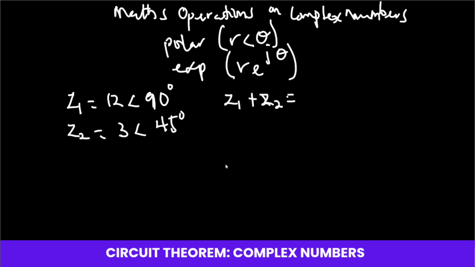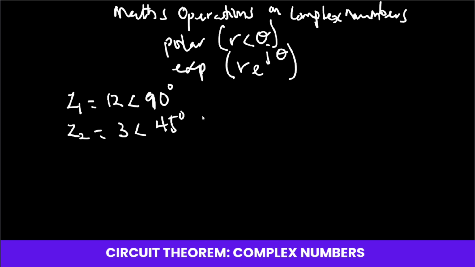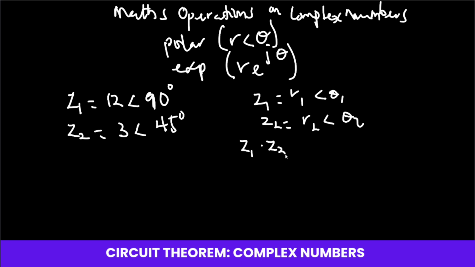However, when it comes to multiplication of these two values, all you have to do is, let me say, z1 is equal to r1 angle theta 1, and z2 is equal to r2 angle theta 2, and we are asked to multiply these two.